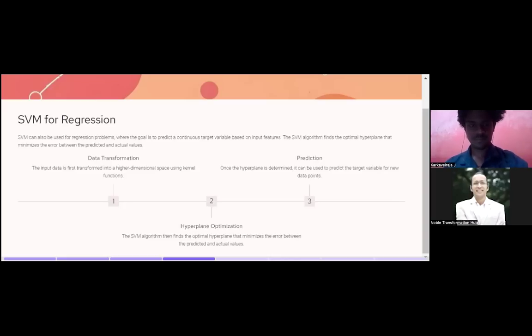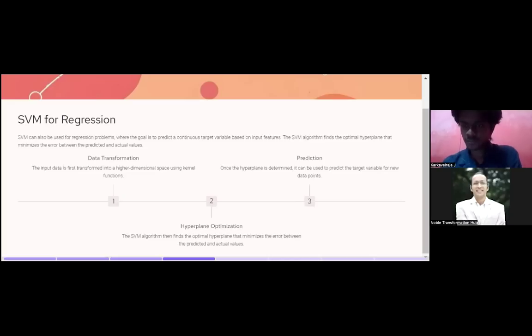An SVM algorithm can find the optimal hyperplane that minimizes the error between the predicted and actual value. When we talked about SVMs, they are made up of margins, and the hyperplane.